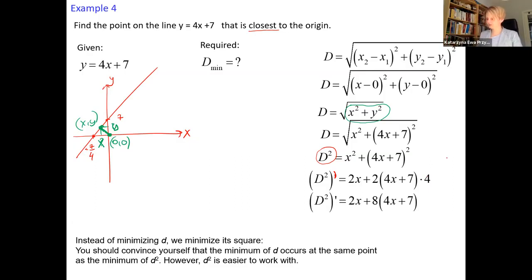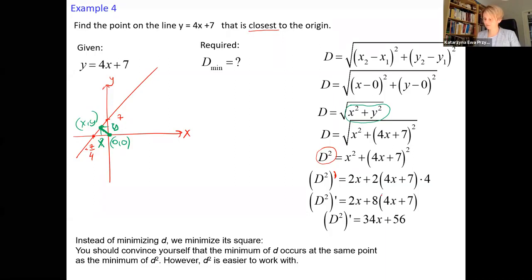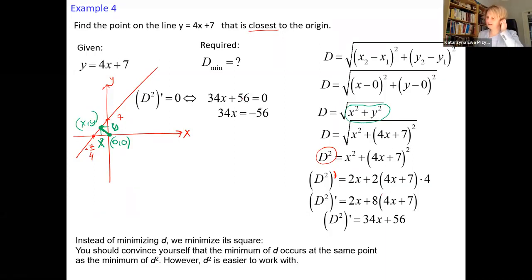When we distribute everything, we get 32x plus 56, plus 2, 34x... This has to equal 0 for the critical points. Subtracting 56 and dividing by 34, and dividing by 2 each quantity, I think 17 is a prime number, so we cannot divide further: negative 28 over 17.